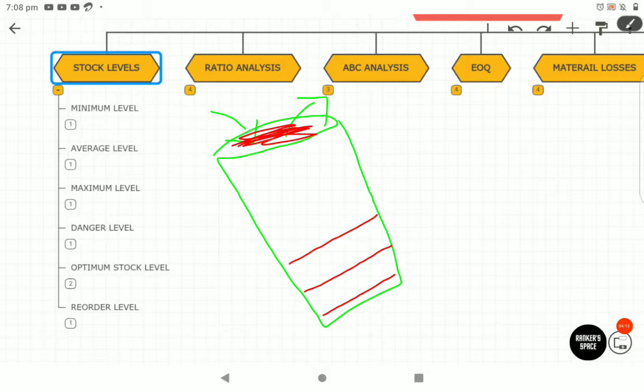Reorder level. So what is reorder level? Reorder level is the level at which, say for example, Hindustan Unilever is manufacturing one of its products. Name some of the products of Hindustan Unilever. They have Surf Excel, they have Sunsilk, they have Pond's, etc. So, for example, we'll take Pond's. They're manufacturing Pond's cream.